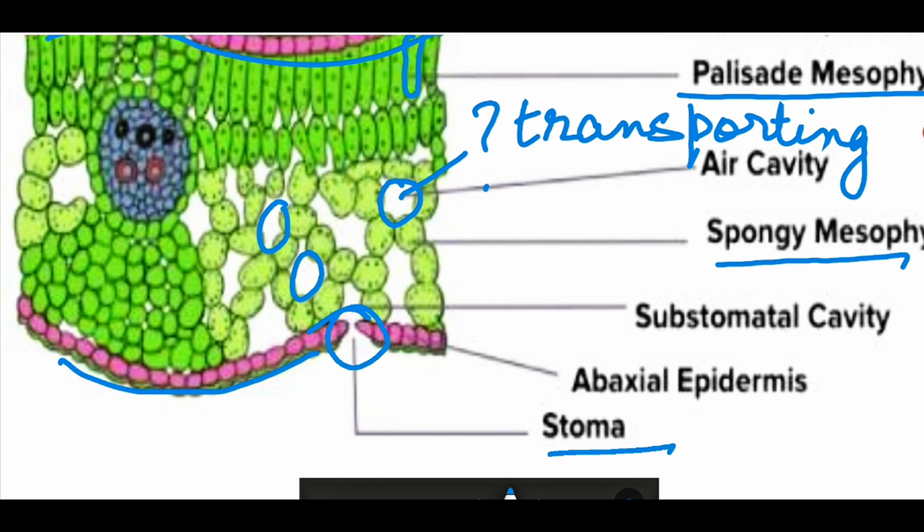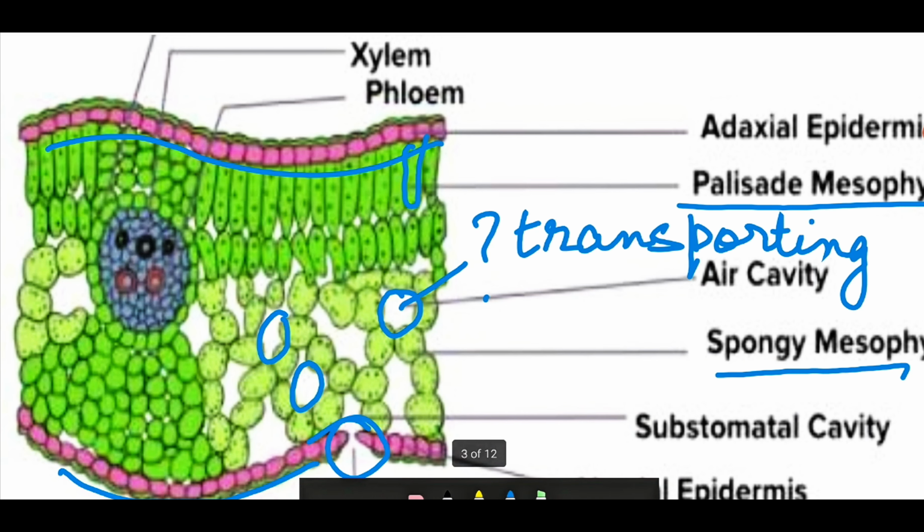Now we will study how this process of photosynthesis takes place in the leaves. As I told you, you can see here the palisade mesophyll cells. The chlorophyll is found inside these. Here is the chloroplast, and chlorophyll is found inside the chloroplast.